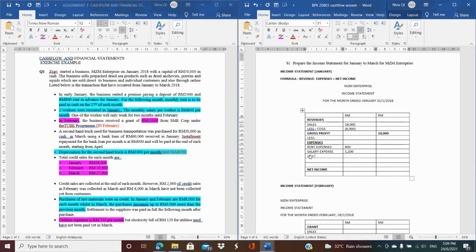So for January the utilities expense must be recorded. The amount that must be recorded is 350. Now you add up the amounts, 800 plus 1,200 plus 350, for the total expense.